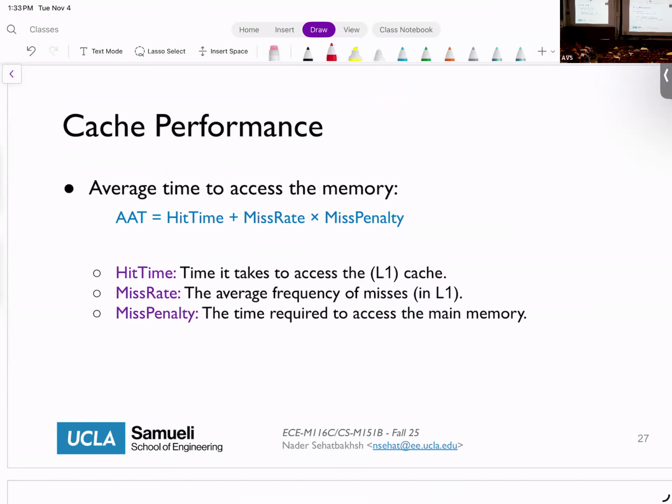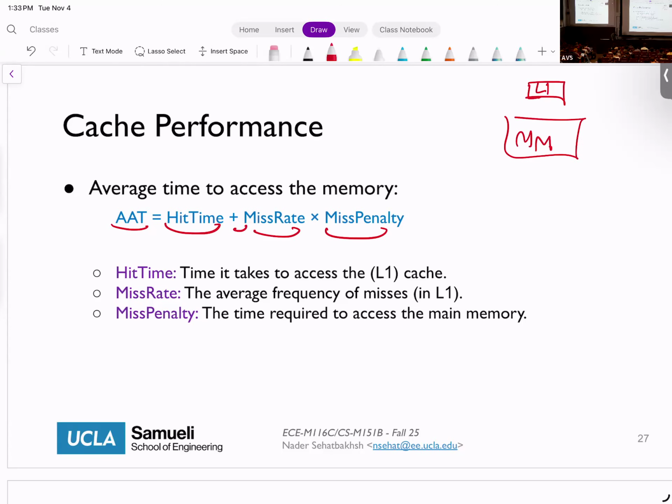When I say memory, I mean everything: caches, main memory, and so on. Usually the way this is measured is hit time plus miss rate times miss penalty. And this is usually measured for the first level of the cache. So let's say, for example, I have a memory hierarchy that only has one level of cache and one level of main memory.